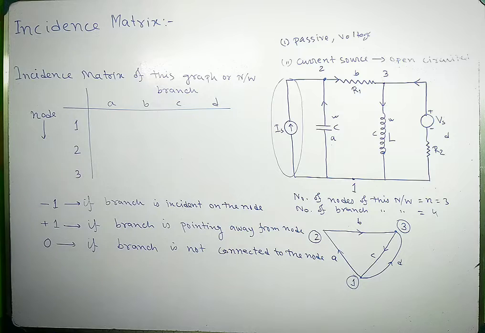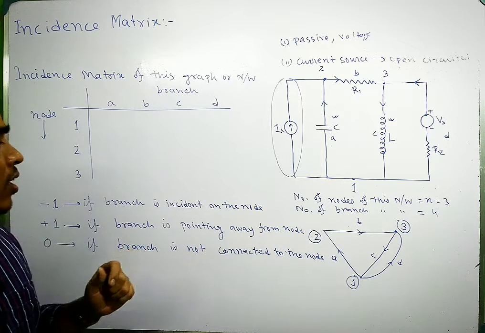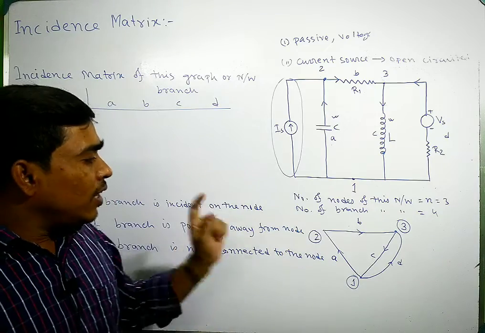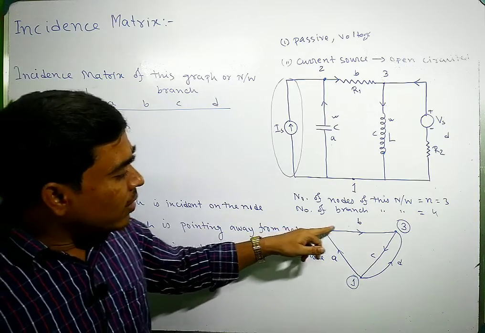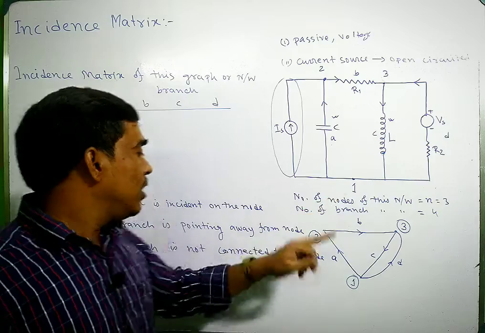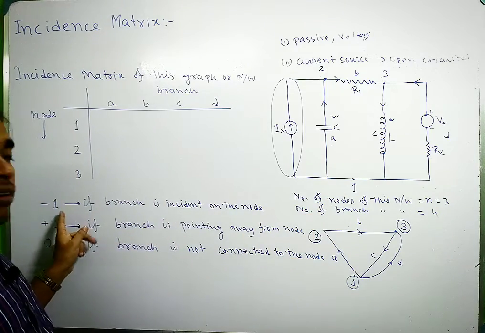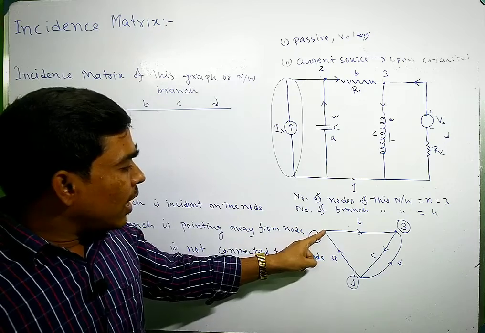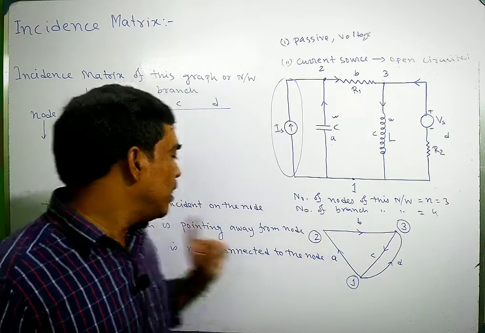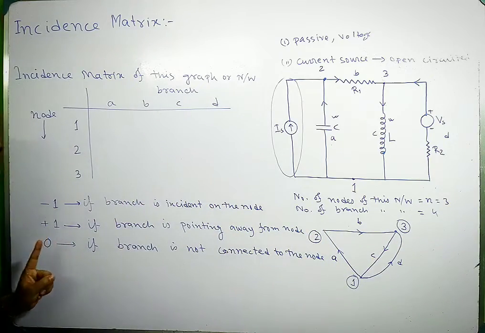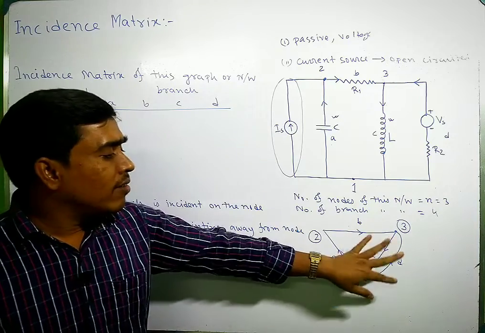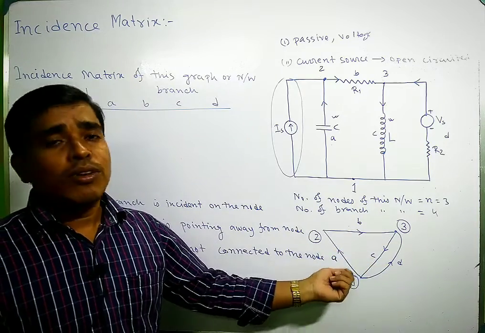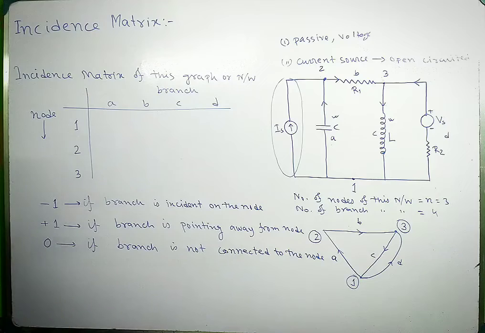So 3 things will arise. One is, if the branch is incident on the node, then it will be -1. If the branch is pointing away from this node, then it will be +1, and if the branch is not connected to the node, then it will be 0.